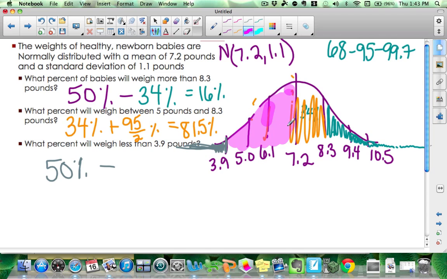Now from 3.9 to 7.2, that's 1, 2, 3 standard deviations, but only in one direction. So I'm going to do the 3 standard deviations, 99.7, and cut it in half, which is going to give me everything from 3.9 to 7.2. Okay, so that's 50% minus 99.7 divided by 2, which is 49.85.